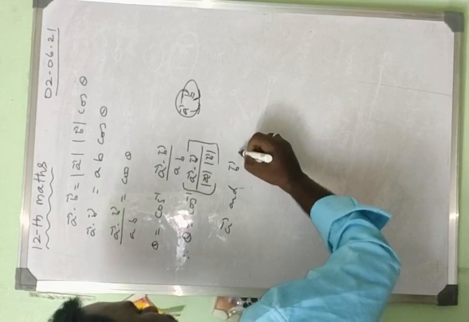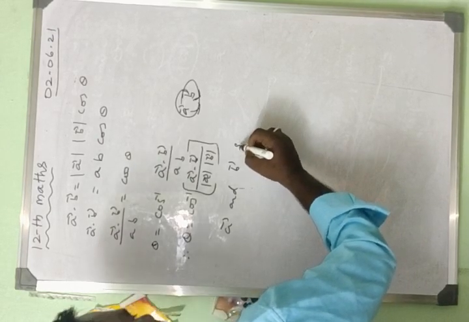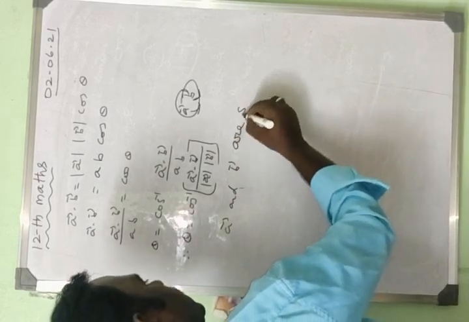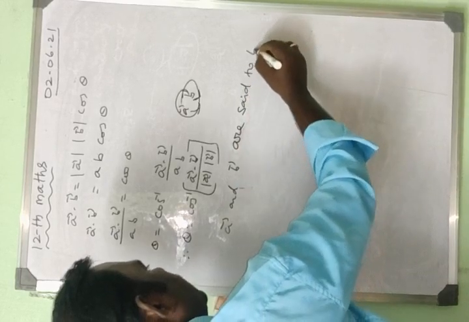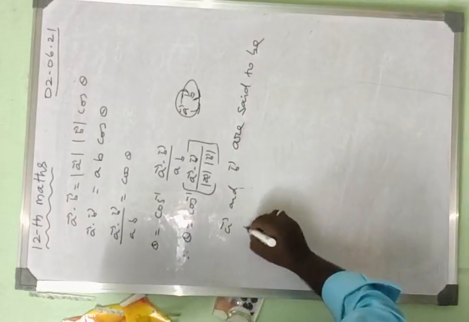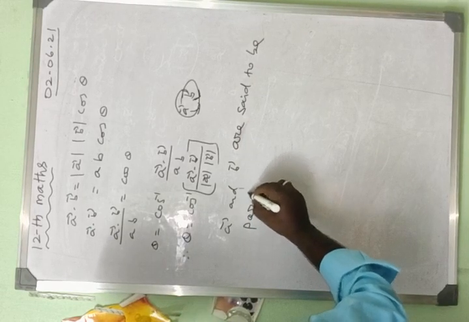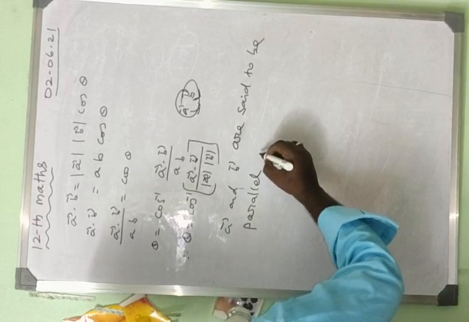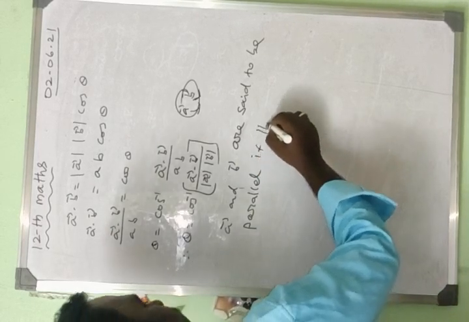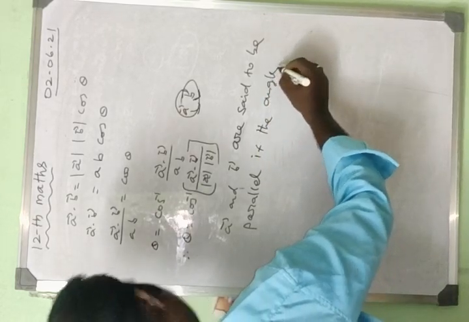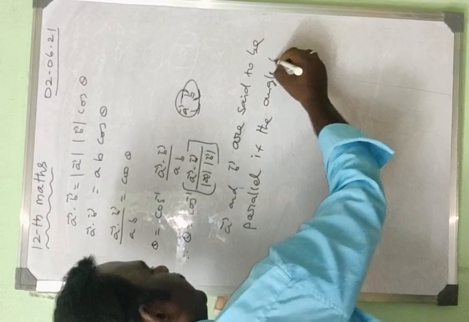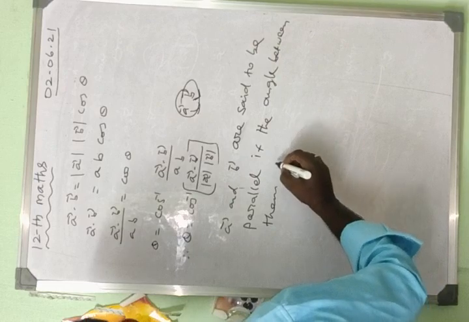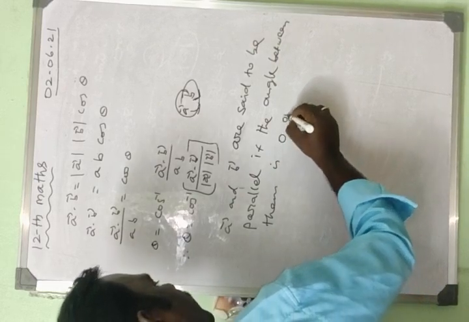Next result: vector A and vector B are said to be parallel if the angle between them is 0 or pi. Parallel means this is the angle theta.